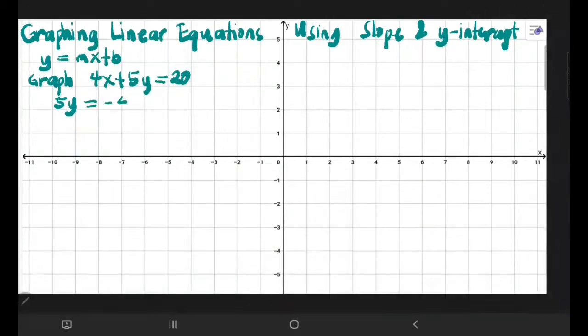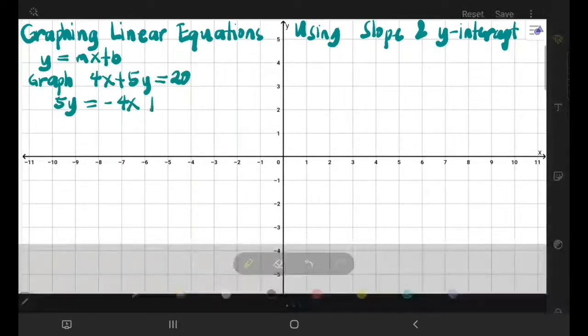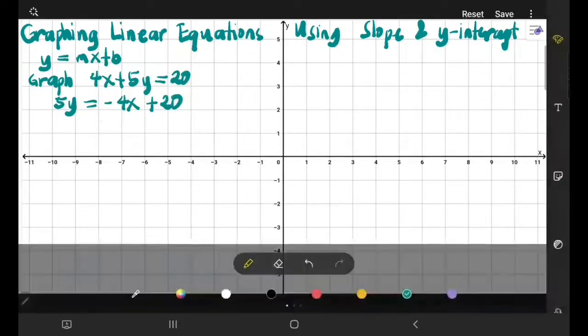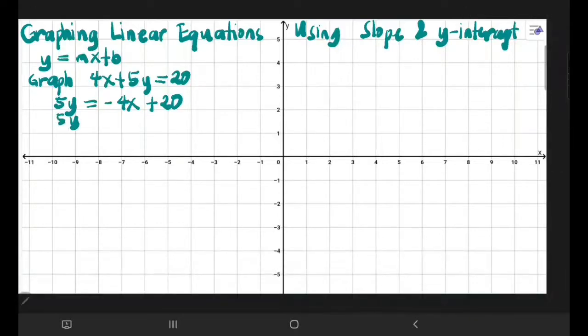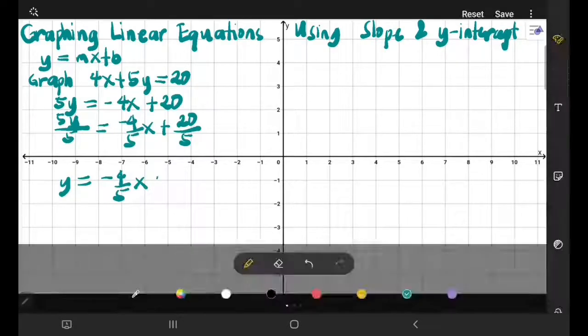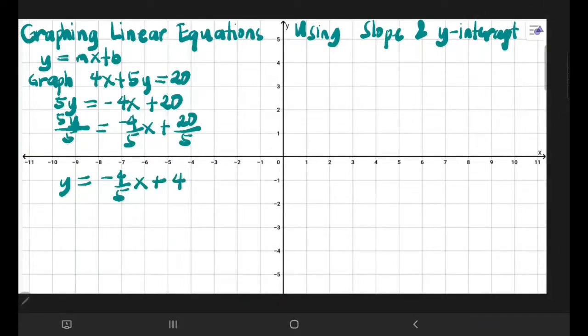That becomes negative 4x plus 20. And then we divide each term by 5 to get y. Okay, so y equals negative 4/5 x plus 4.